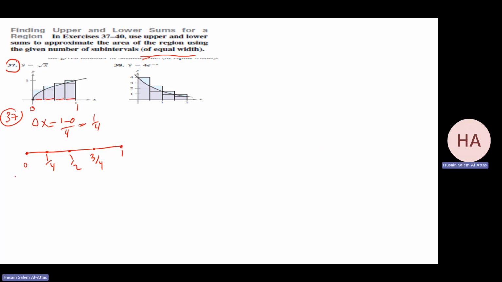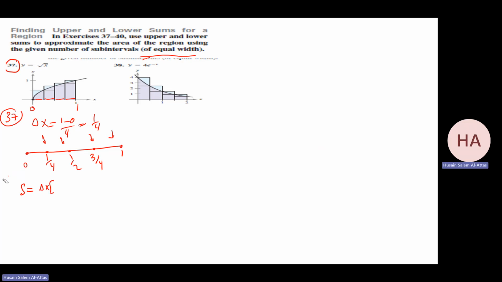Okay, upper. Since the function is increasing, the upper will take the right endpoint. Increasing, right endpoint. Upper, capital S is delta x.